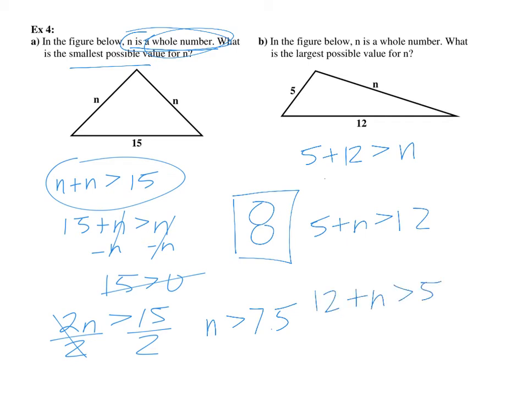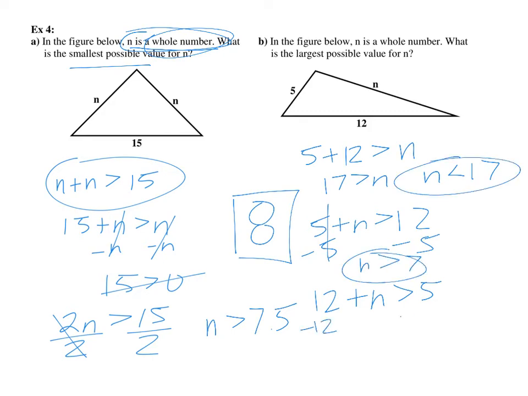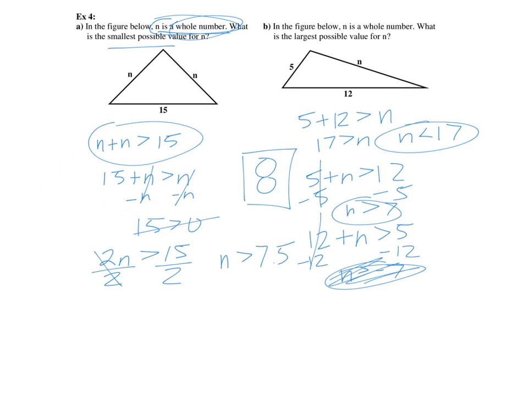All right, so here I have 17 is greater than n, so n is less than 17. Here I subtract 5, and n is greater than 7. Here I subtract 12, and n is greater than negative 7. All right, not going to use that information. So n has to be between 7 and 17.